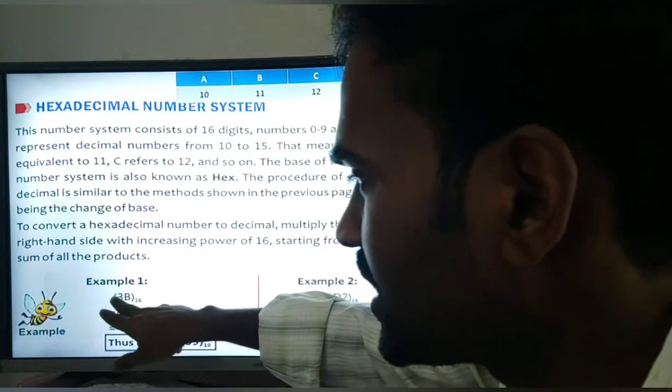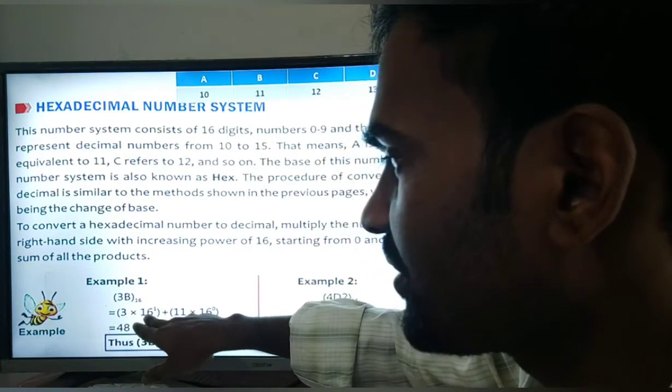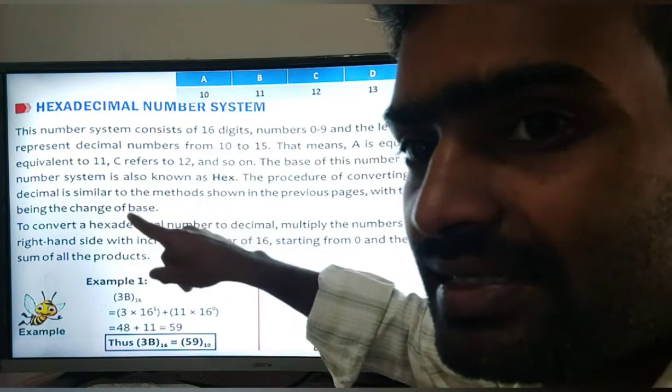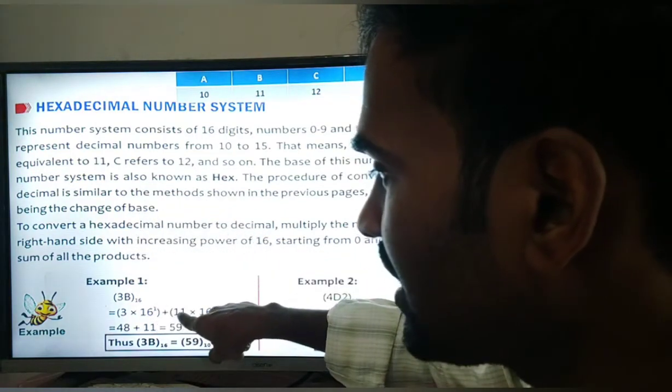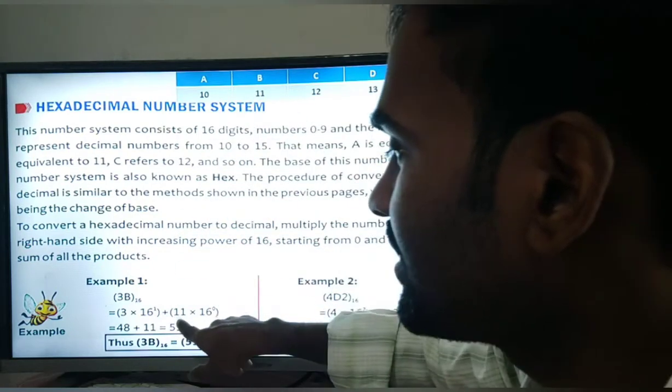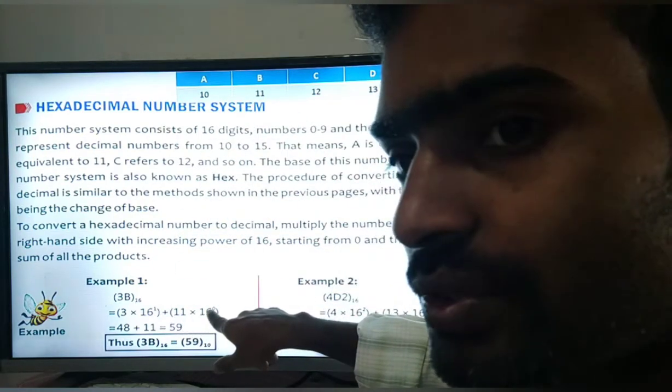So see here, 3 into 16 power of 1. Why are we writing 16? Because this is a hexadecimal number. And B value is called 11, into 16 power of 0.